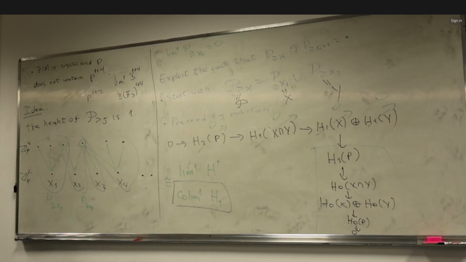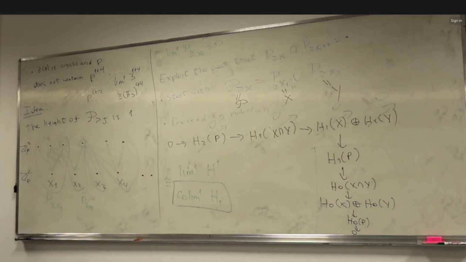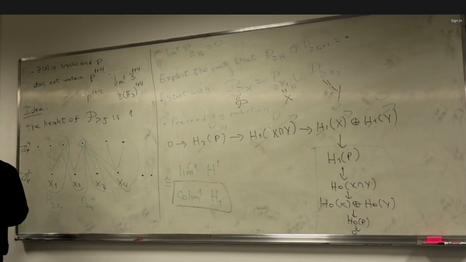This is not problematic essentially because this group is p rank 2. Lim 1 is 0, yes. The conjecture holds.